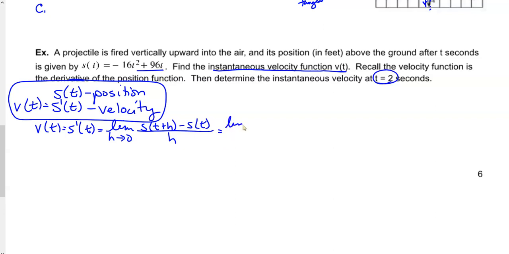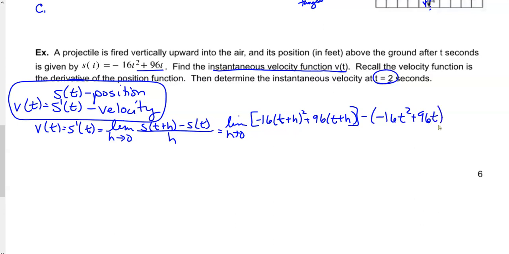We take the limit as h goes to 0, and it's going to be -16 times (t plus h) squared plus 96 times (t plus h). So you're again plugging in that t plus h, and all of that is just s of t plus h, minus s of t. So we subtract negative 16t squared plus 96t, all over h.